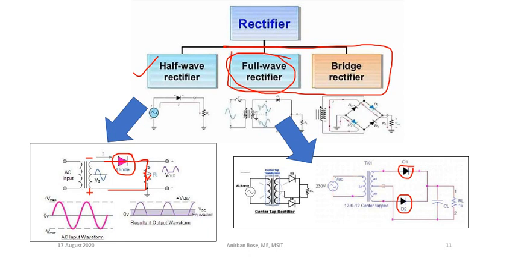So the output will be like this: in the first half cycle you get current, then none, then in the next half cycle you get current, then none. In this way at the output you are getting DC voltage, but it is half wave rectification, not full wave. This is what is called half wave rectification.